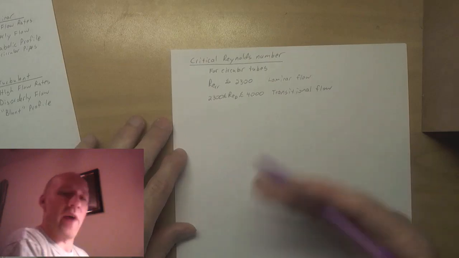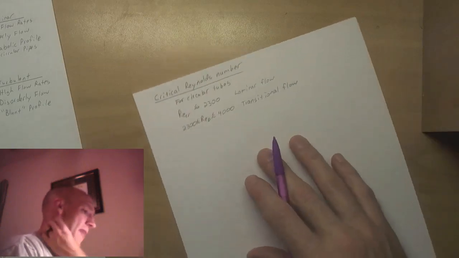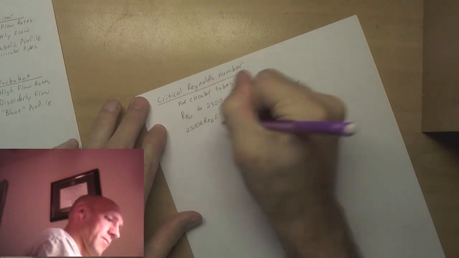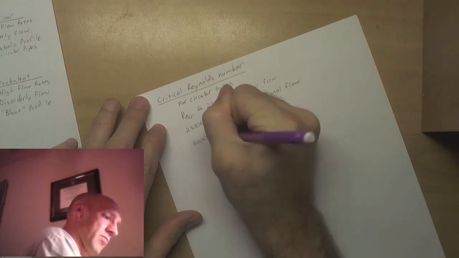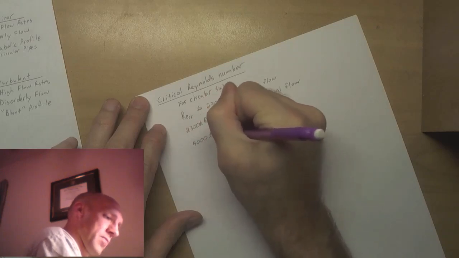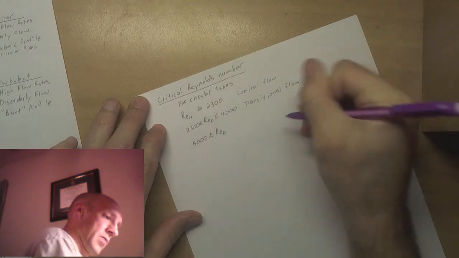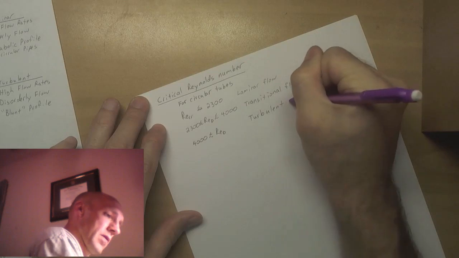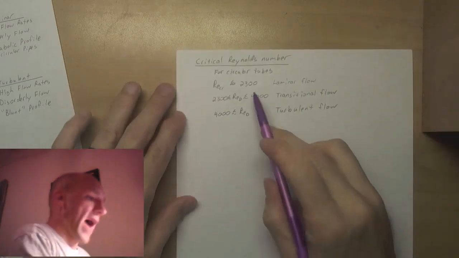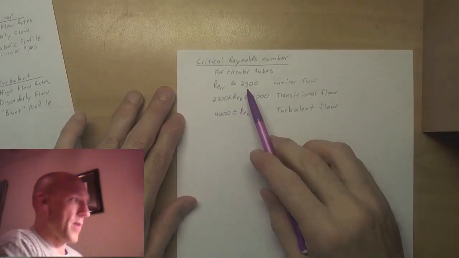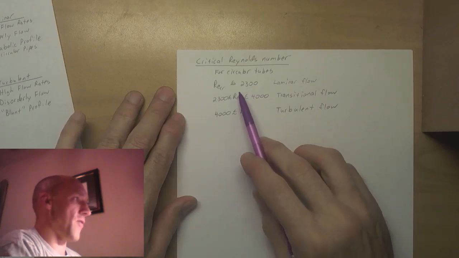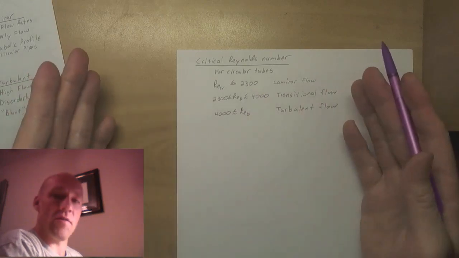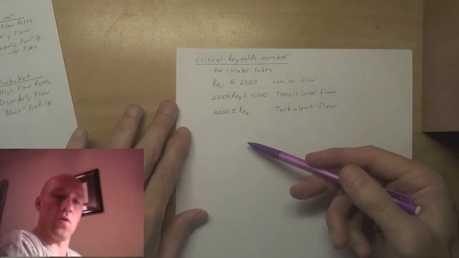Or it's that periodic sort of flow that you get. And then for Reynolds numbers greater than 4,000, this is going to be fully turbulent. And so these values are sort of empirical. They've been observed to be the case for circular tubes. All right. If we had a different situation, you would have a different critical Reynolds number.